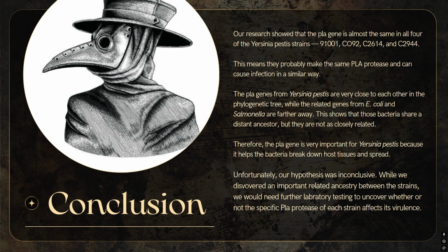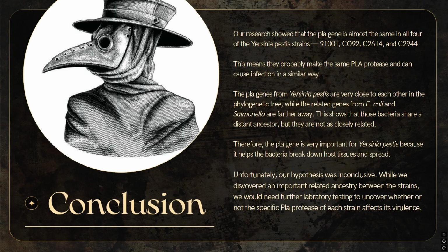To answer the question, we would need additional laboratory experiments. For example, biochemical assays to measure enzyme activity, structure modeling, or infection studies to compare how each strain behaves in real biological conditions.